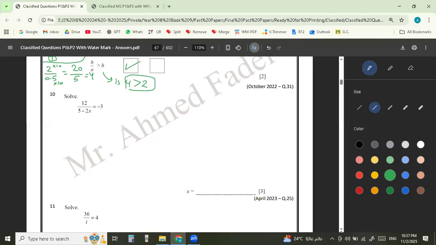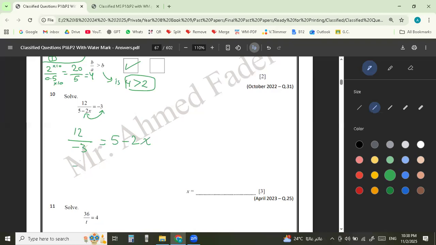Mister, we learned that I cannot find the value of the variable if the variable is in the denominator. I have to switch, I have to swap. So you need to swap. 12 over negative 3 equals 5 minus 2x. Let's simplify.